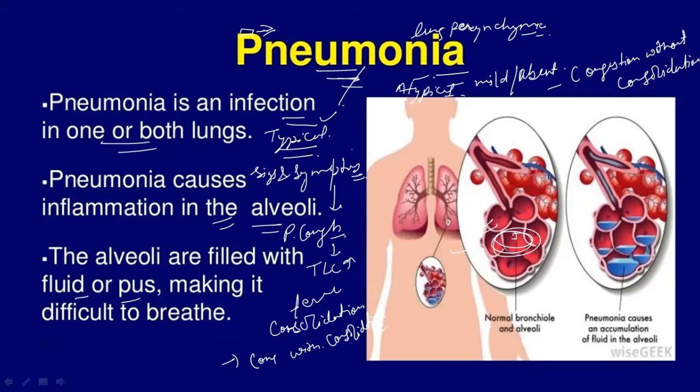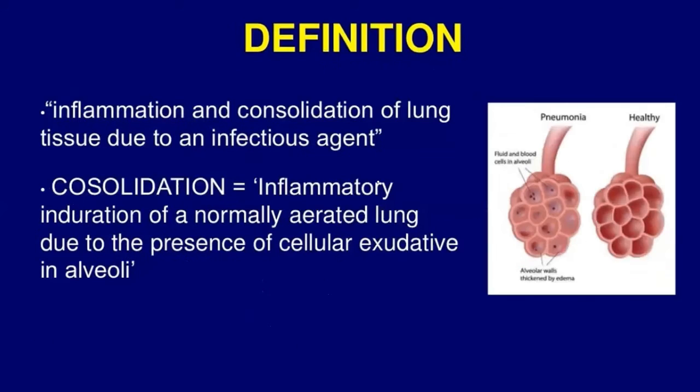Because of presence of alveolar exudates, right? So inflammation and consolidation of lung tissue is due to infectious agent. Consolidation is inflammation and induration of normally aerated lung due to presence of cellular exudate in alveoli. That means there is alveolar exudate, right?